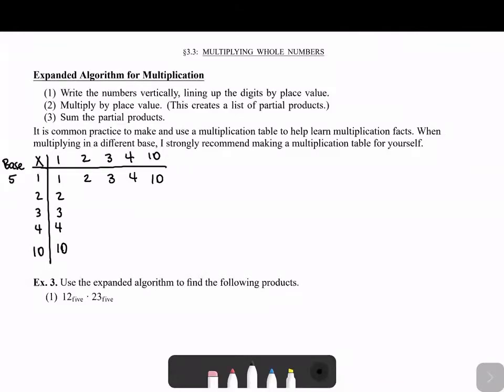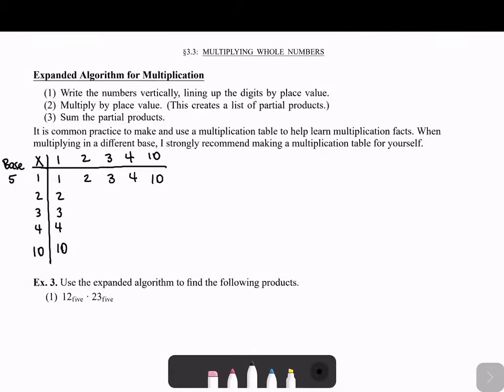So just keep in mind that it's okay if you do these in base 10 and then convert them to base 5. That's okay. If you can just write down whatever the base 5 multiplication is, then you really know it in base 5, but you don't need to do that.